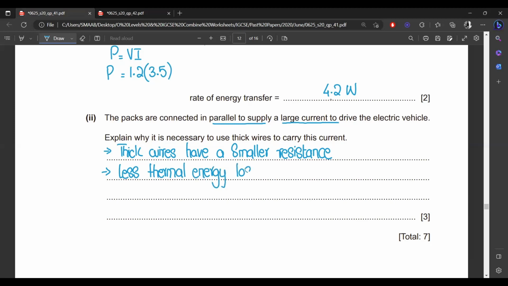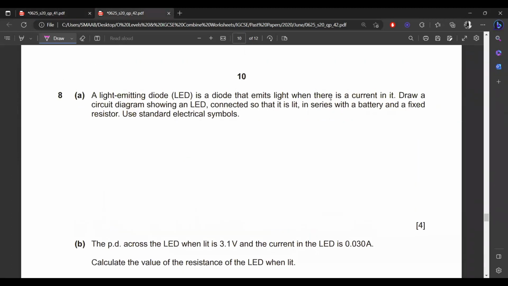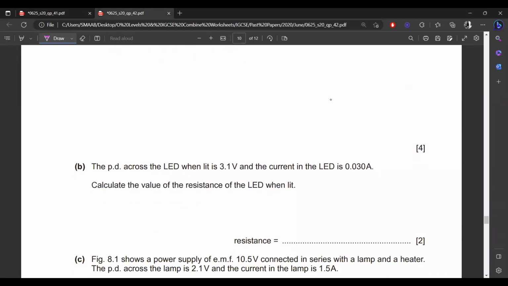Because when charges pass easily, there will be less loss of heat energy, and efficiency will increase. Okay, so these are some necessary conditions for using thick wire, right? Yes.